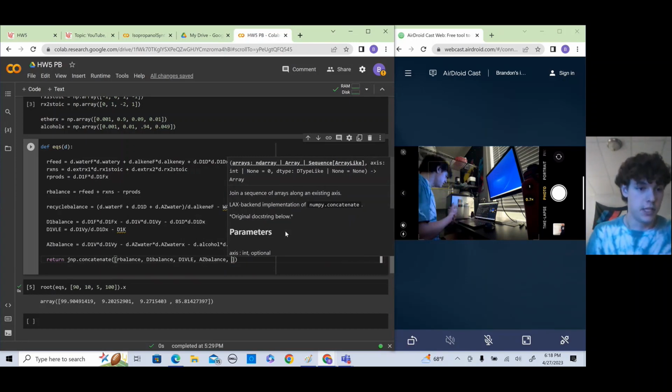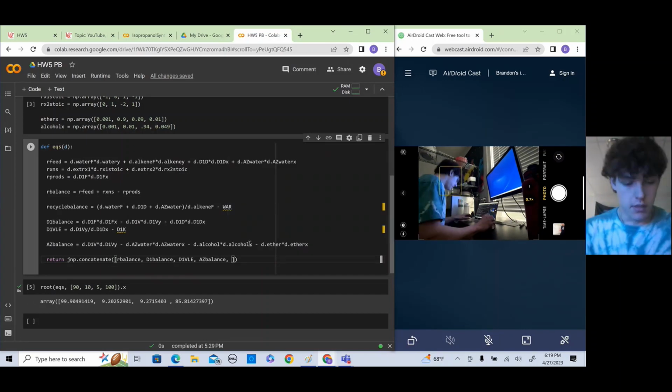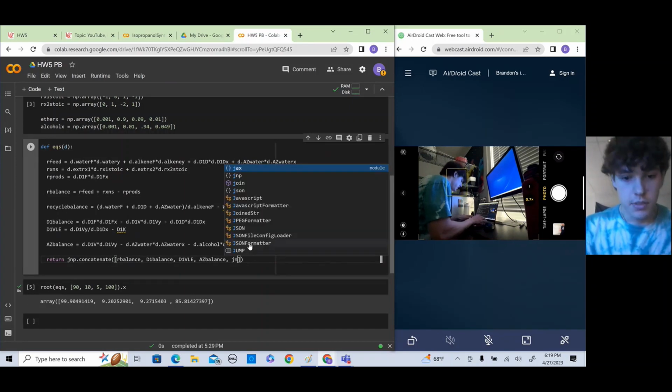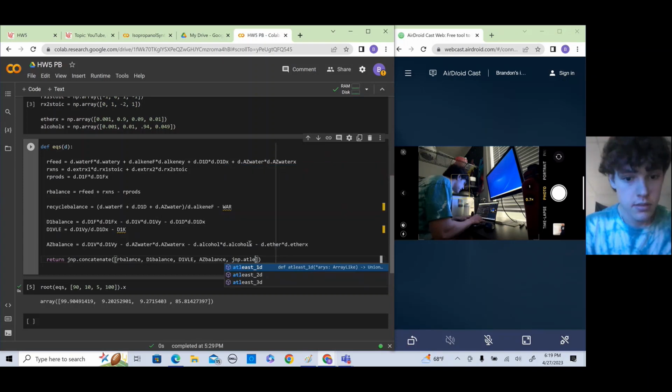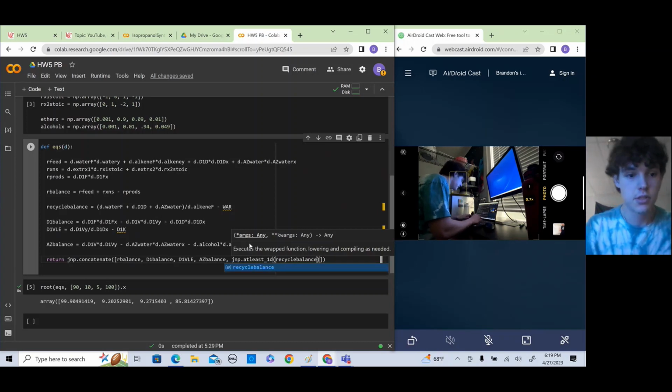And we also need our recycle balance here. Oh, shoot. I don't remember the syntax. Here we go. It's jnp.atleast_1d, and that will be of our recycle balance.